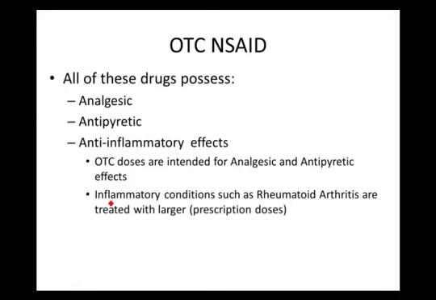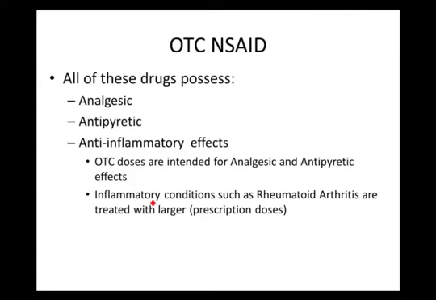So all of these over-the-counter NSAIDs are essentially analgesics, antipyretics, and offer some anti-inflammatory component. Okay, and so these over-the-counter doses are really intended for pain management and for fever. The inflammatory components can be treated with larger prescription doses. And so if any of you have ever had a root canal, the dentist may have given you a couple tablets of Vicodin and ibuprofen.